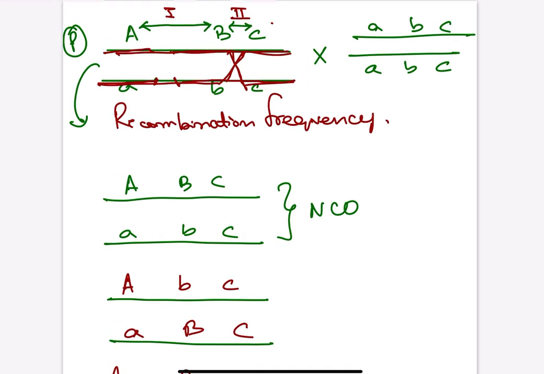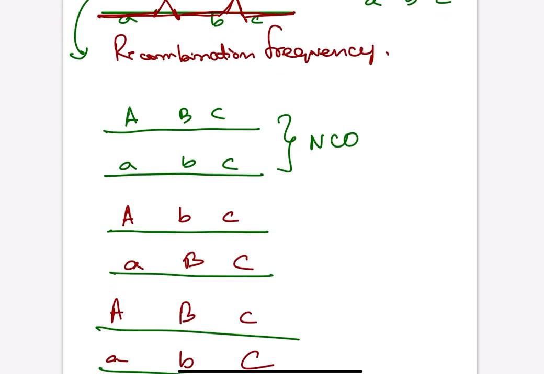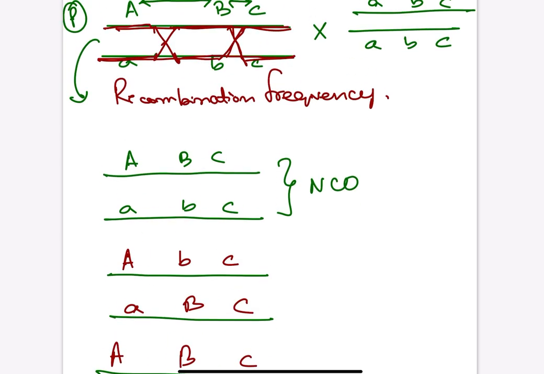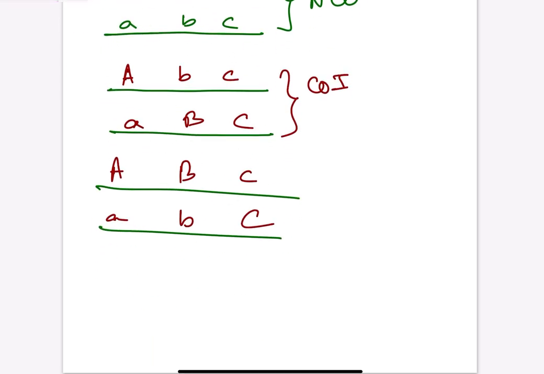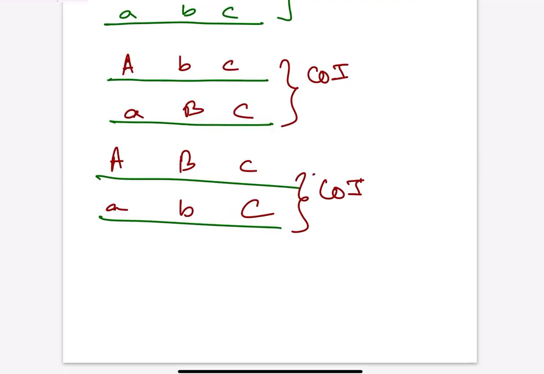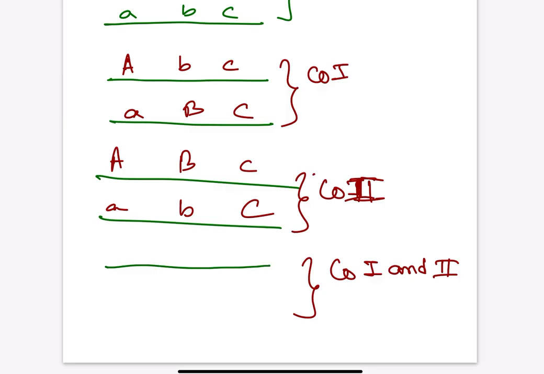Now, there could be a possibility when crossing over can happen simultaneously in region 1 and region 2. In that case, it will be a double crossover, crossover 1, crossover 2. So, this was crossing over 1, this was crossing over 2. Now, if crossing over happens at 1 and 2, then there will be another 2 possibilities.